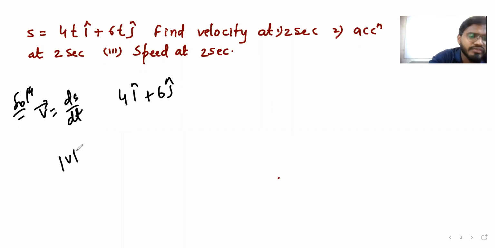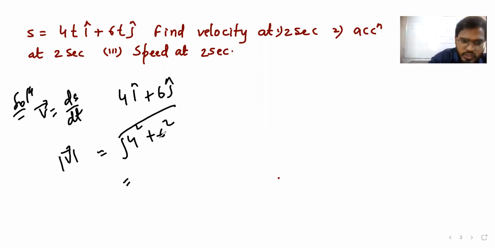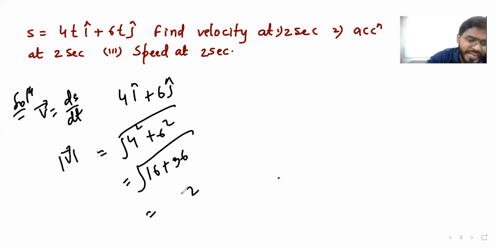Velocity vector mod of v means 4 square plus 6 square, root under of that. So it is going to be 16 plus 36, that is 52, root 52 meter per second, that is going to be the speed, right?